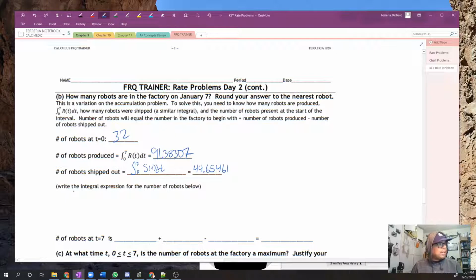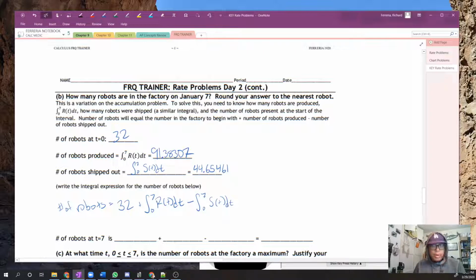And then we're going to write down the integral expression, basically putting everything together here. We're going to start with the number of robots. That's equal to 32, the number of robots that we started off with on January 1st, plus the integral that tells me how many robots were produced, minus the integral that tells me how many robots were shipped out.